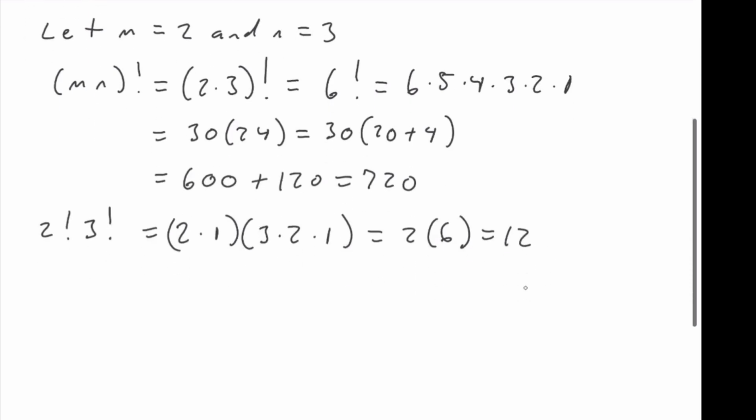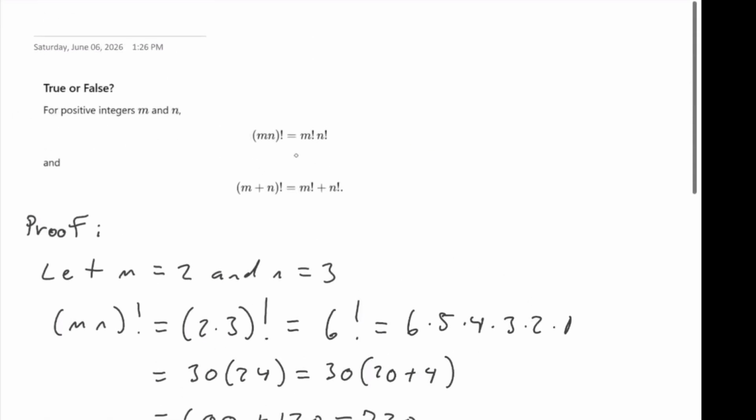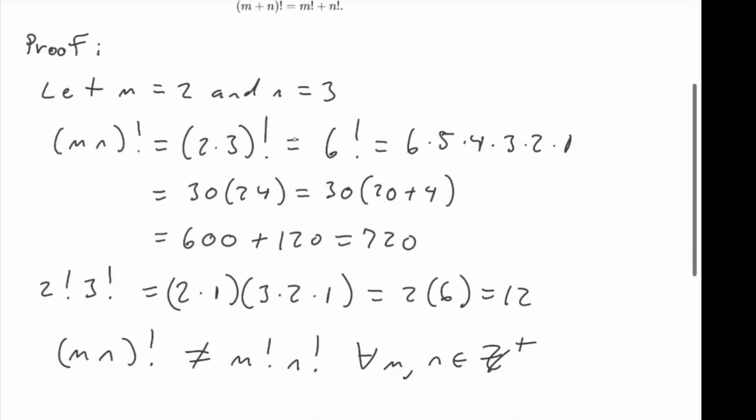So I can see that this is not true. (mn) factorial does not equal m factorial times n factorial for every positive integer m and n.